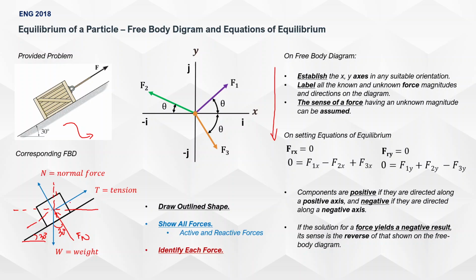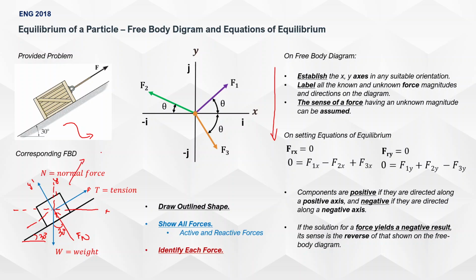You have two options here. You can tilt this by 30 degrees so that there's no angle between the normal force and the tension, which is in parallel with the X axis. So I call this the Y and X. You can also do the Y prime and X prime. I'm just going to do the normal one, the Y and X.